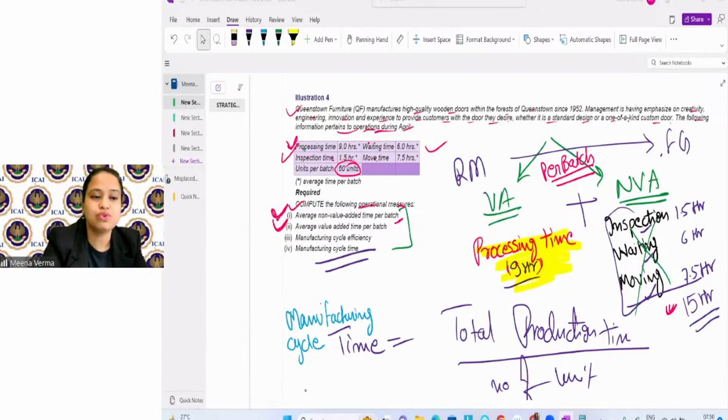So you can see, if you compare this process with the lean system, you will find the manufacturing cycle efficiency of the lean system is 100%. Why? Because they focus on removing all the non-value-added activity. They don't even focus on inspection. They say that we produce zero defective units. We know that our product is zero defective, right? Not even a single defect you can find in our product.